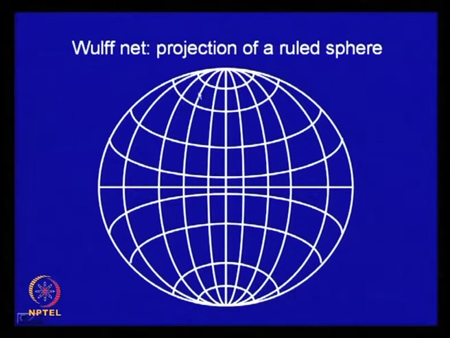Here these great circles are the longitudes, and these are the projections of the small circles called latitudes. In a Wulff net, these lines are drawn at a regular angular interval, and usually for most calculations we use a Wulff net where these lines are drawn at an interval of 2 degrees.